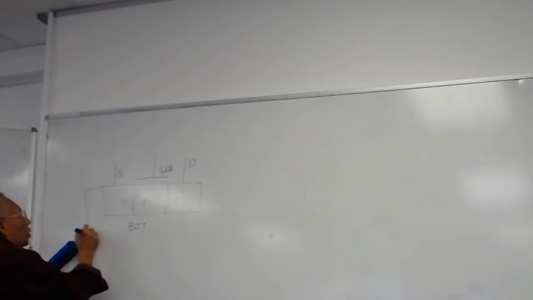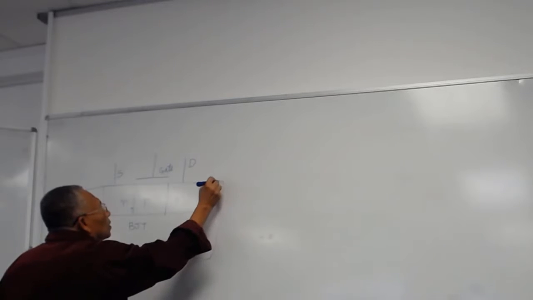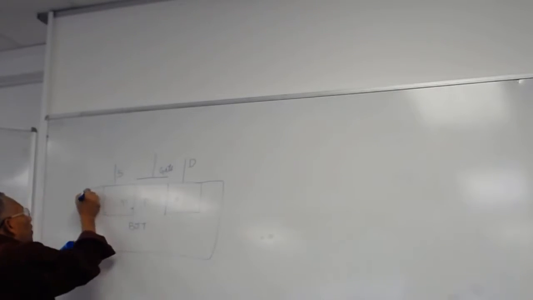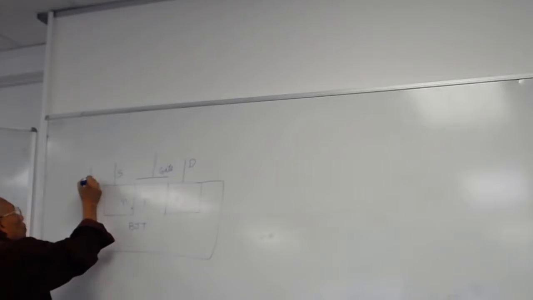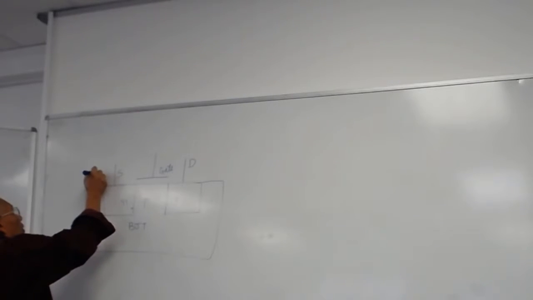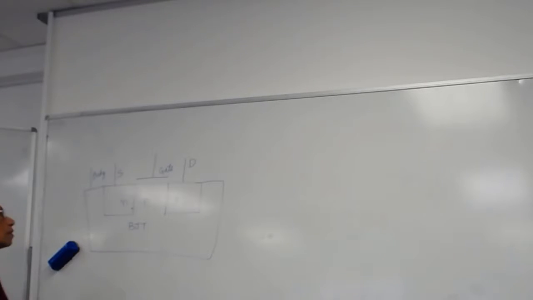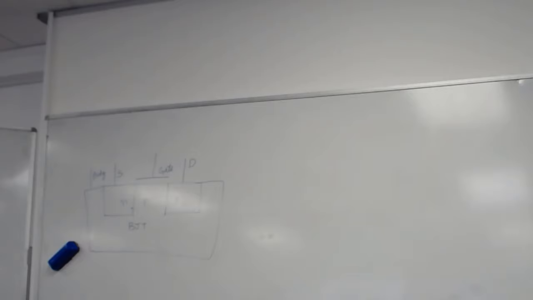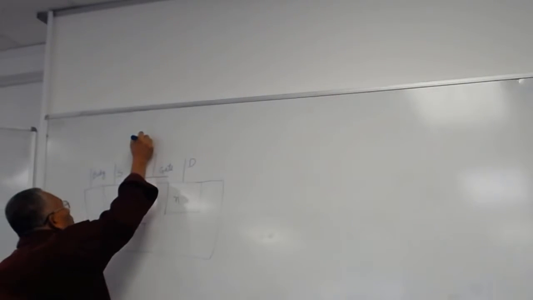So you can remove this, have all of this P, and then you make a connection here to the P. We call it body. So this is the structure that you can go into starting from a BJT. This is a MOSFET.